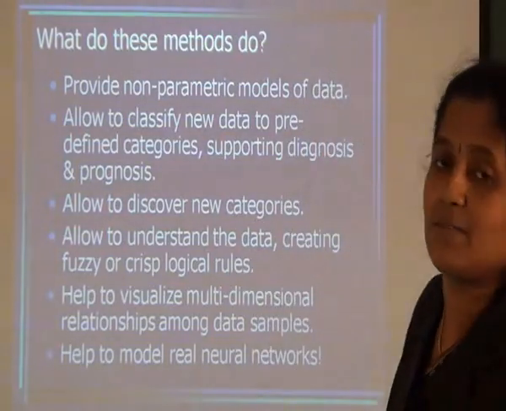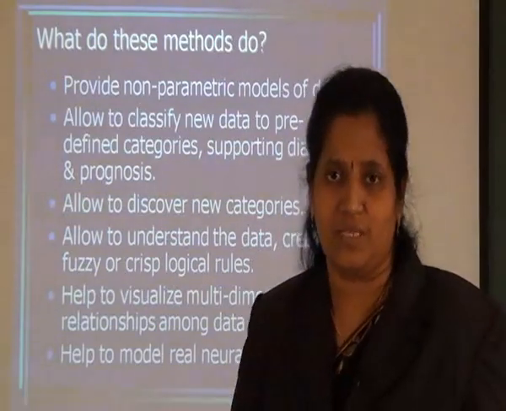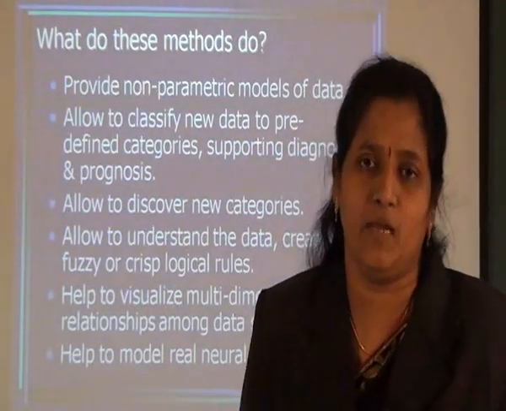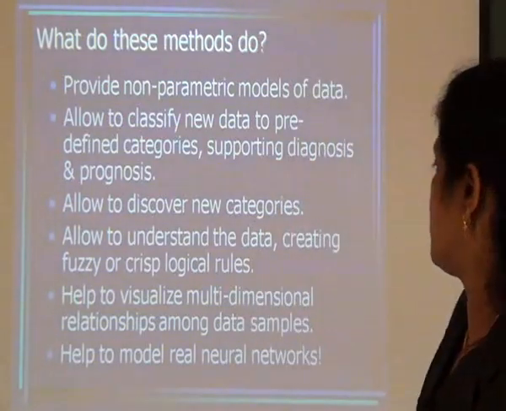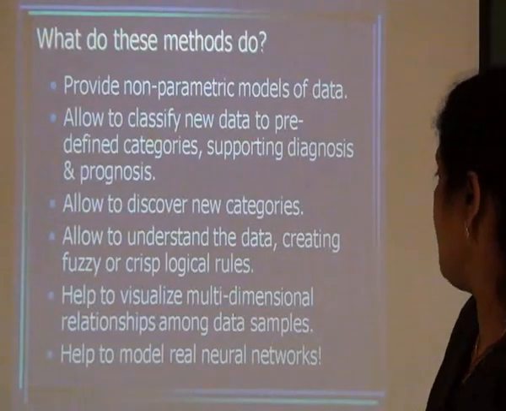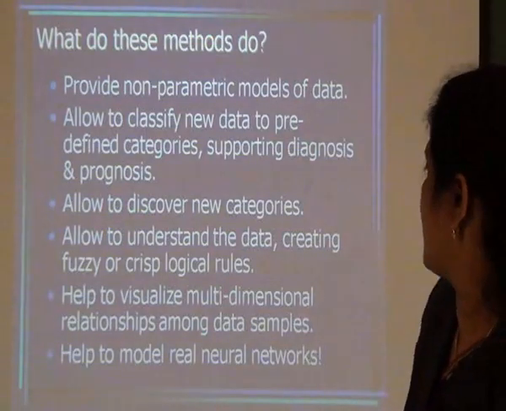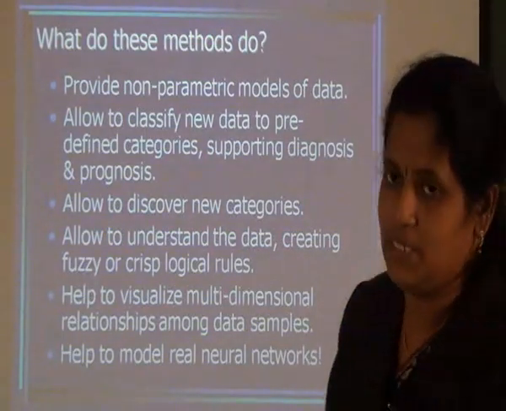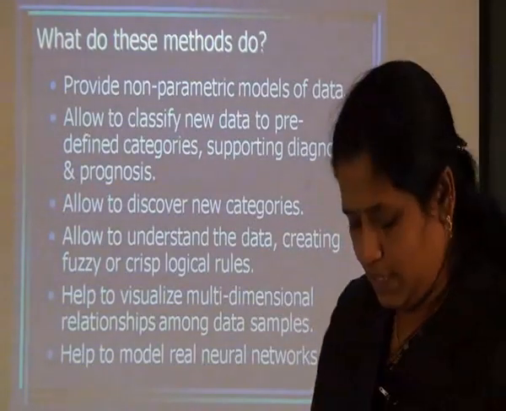Association and clustering help with prediction, diagnosis and prognosis. It allows us to discover new patterns or new categories. Through fuzzy logic you can create fuzzy rules and a data set, and through multivariate analysis you can find the multi-dimensional relationship.